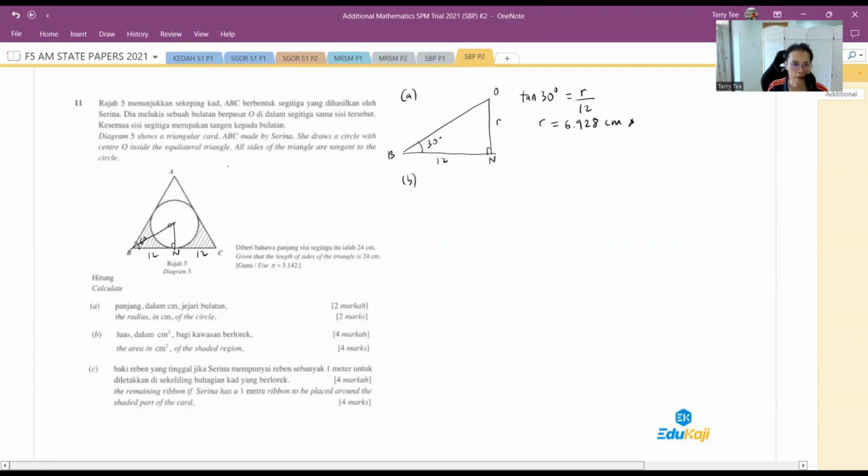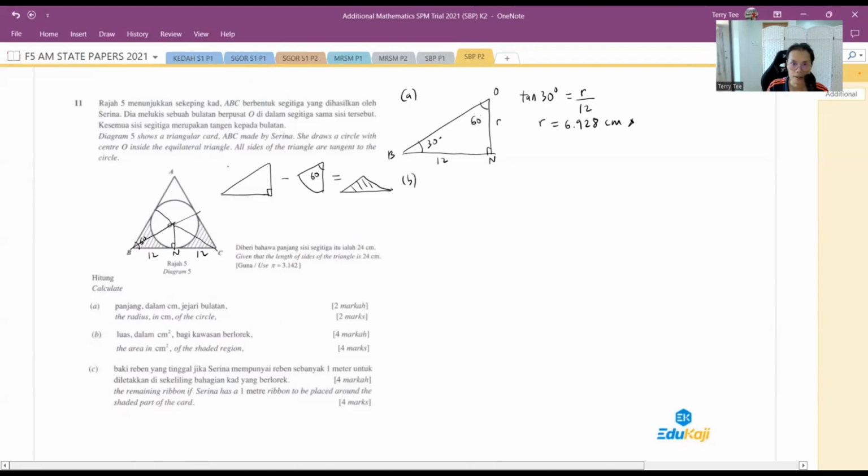Second part, area of the shaded region. If you can see here, your shaded region, if you join together, there are actually 4 equal parts, and each consists of a triangle minus a sector to get the shaded region. So basically, we take area of triangle minus area of sector, then times 4. Now, if this is 30, this sector angle should be 60.